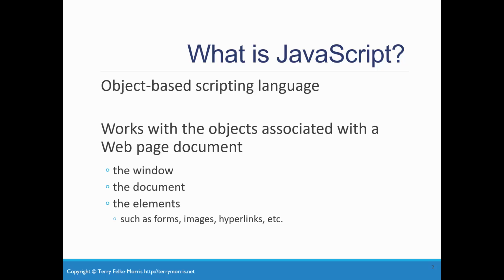I think I mentioned this in an earlier chapter, but I'm going to say it again. JavaScript is object-based, which means that it has object-oriented capabilities. You can use things like classes and methods and attributes, but you don't have to. It's a scripting language, which means most of the JavaScript that gets written today is executed on the browser.